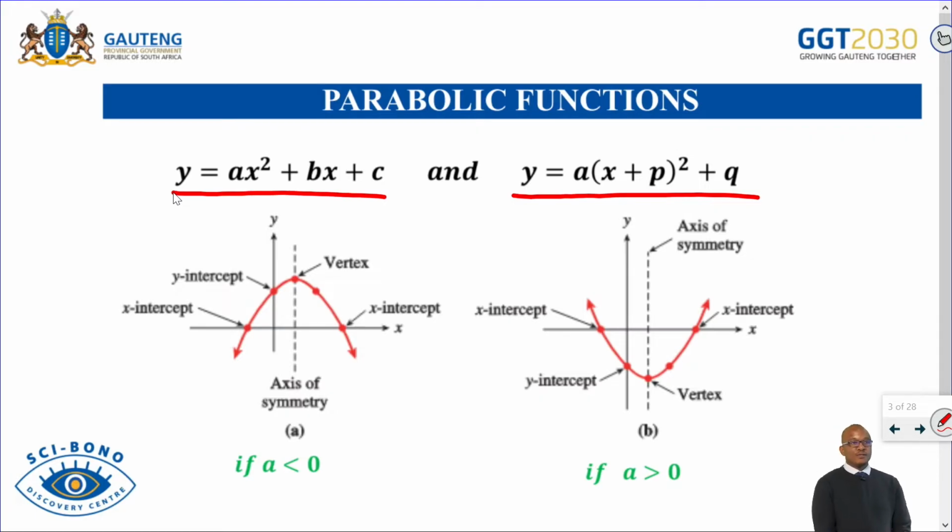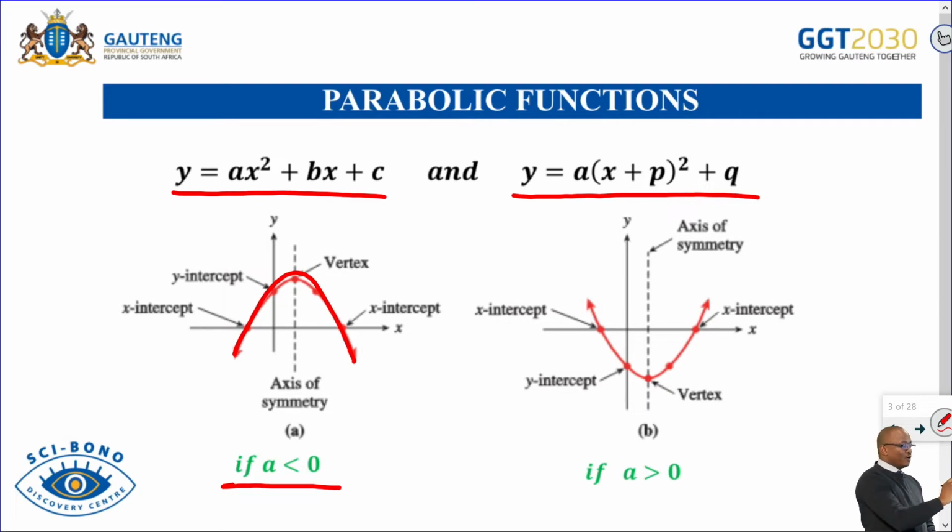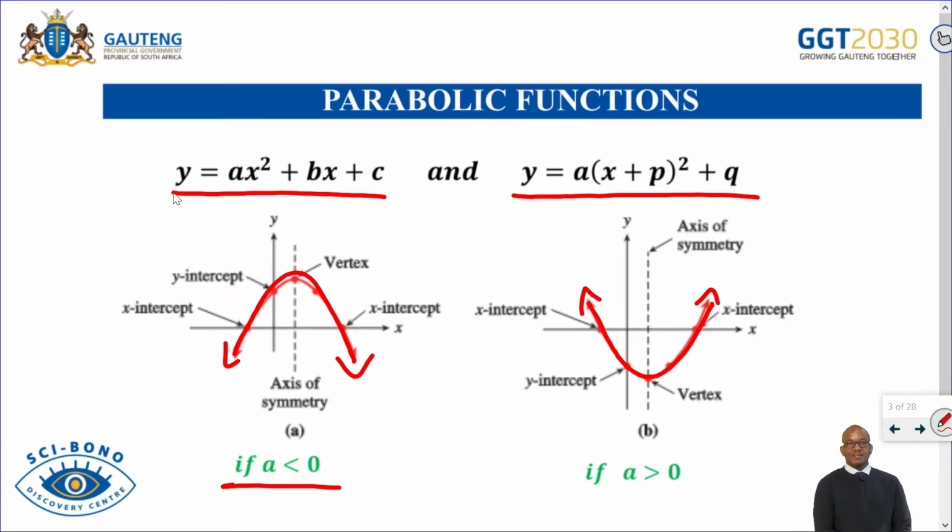So now, remember, in a parabolic function, we have the shape of the graph. The shape of the graph is either going to face down or going to face upward. What determines whether the graph faces down or up is the effect of a.